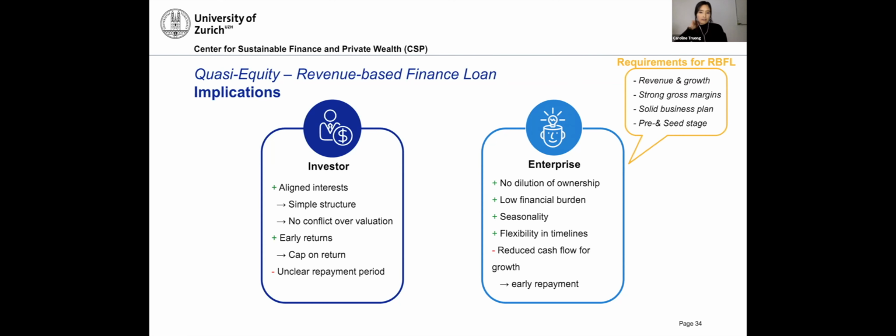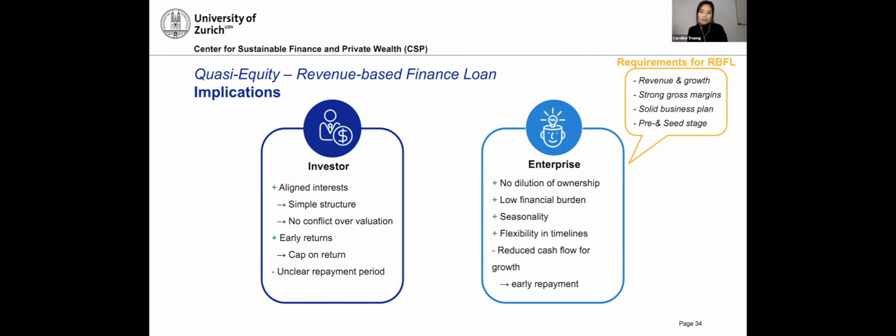Again, we've been looking at different requirements the enterprise has to fulfill in order to be eligible for a revenue-based finance loan. In contrast to the impact bond, the enterprise can be rather early stage, but it does have to have revenue, as the name already implies.